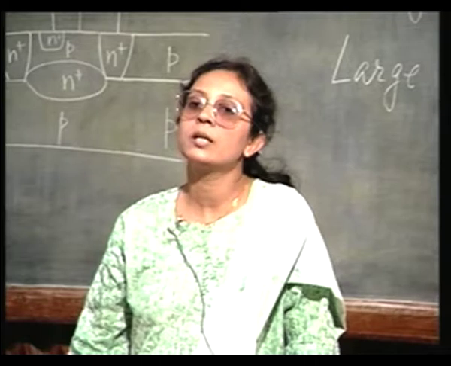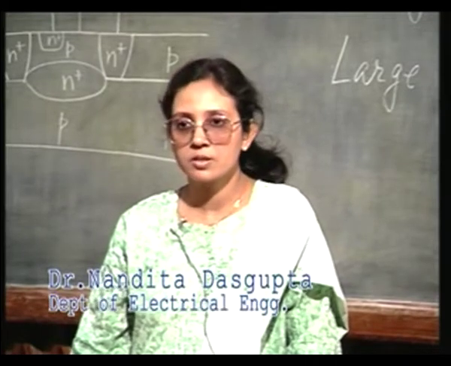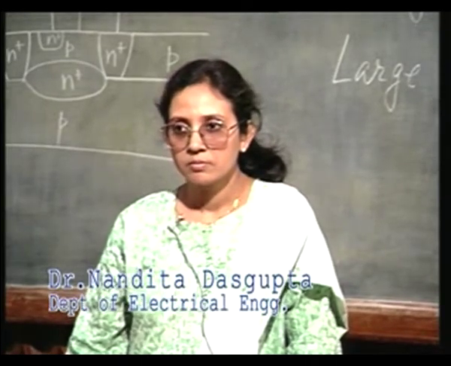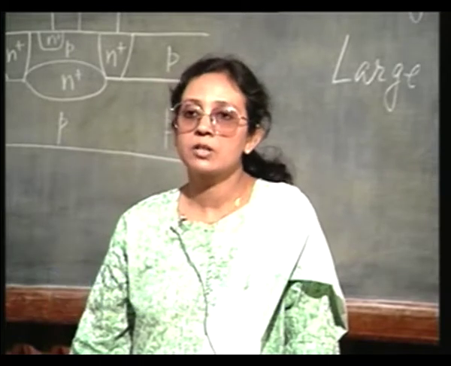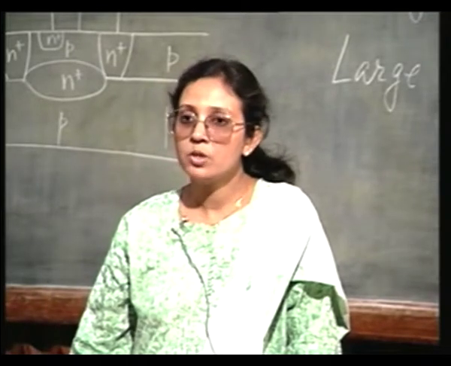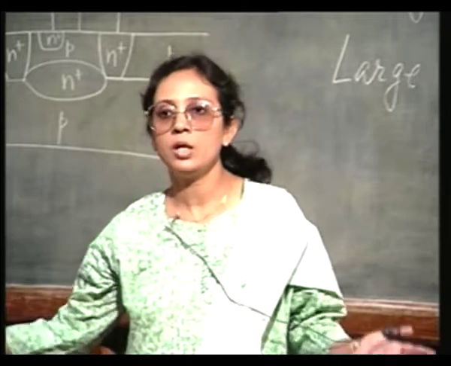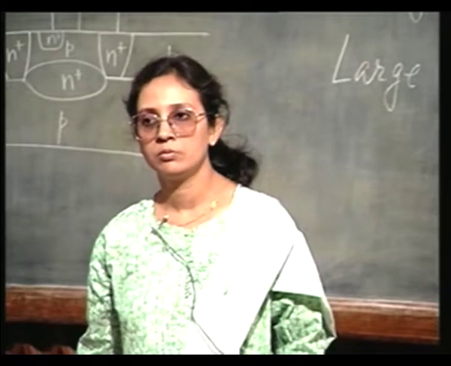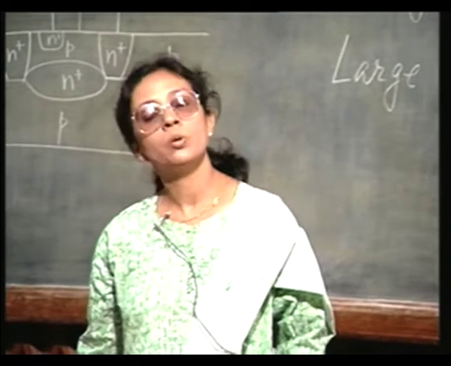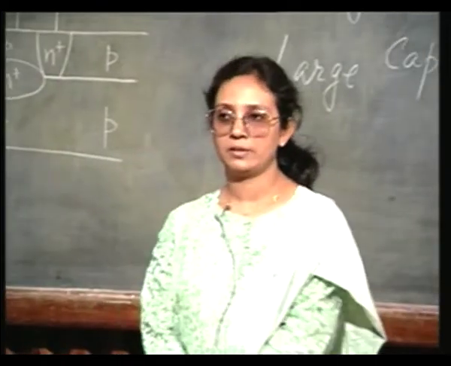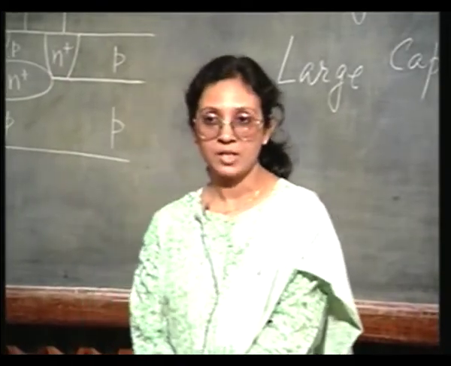What about putting an electrical insulator between the 2 transistors? If I can have an electrical insulator in between 2 transistors, no current can flow. So, what are the insulators that come to your mind? It could be air, it could be oxide.